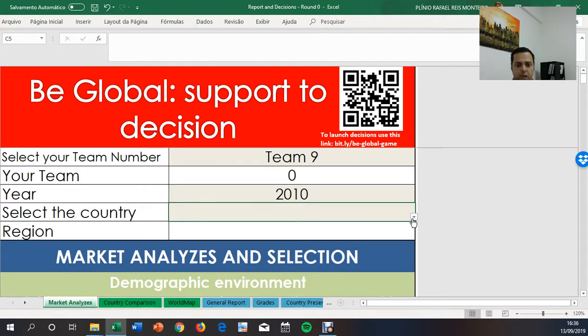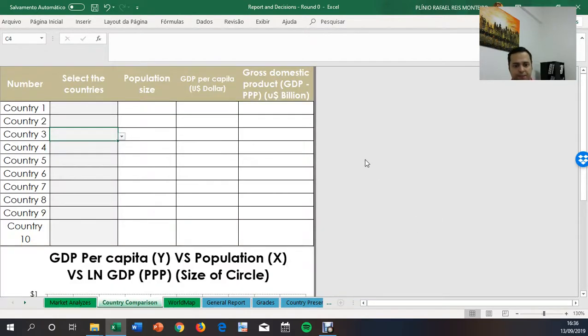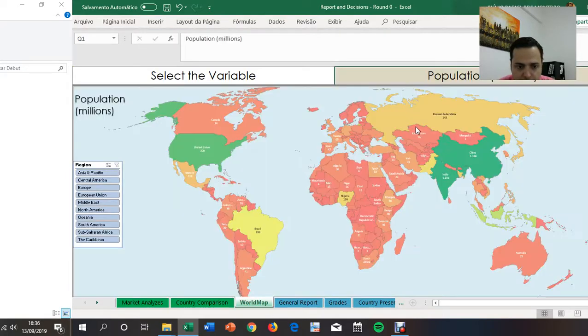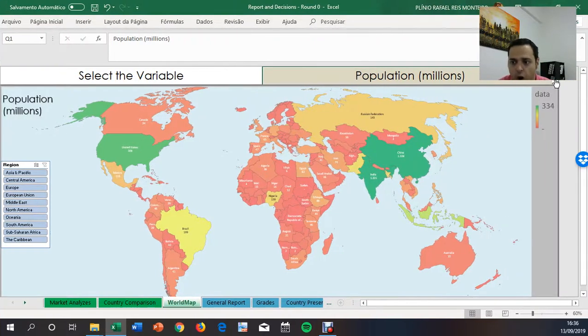So in the country comparison here, we may select different countries for a deeper analysis, and here we will be able to compare the population size, GDP per capita, and also the gross domestic product. And in world map, we may have an overview of different variables worldwide.